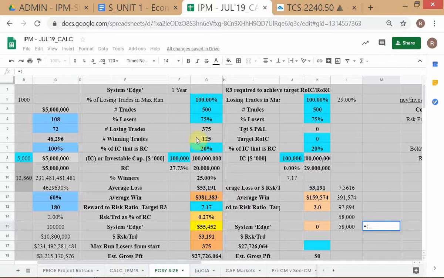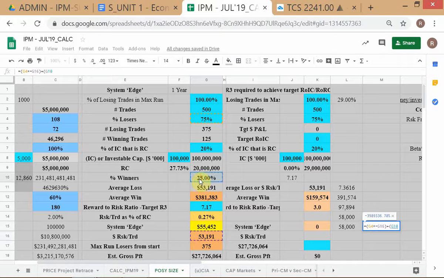It is going to be, let's put it in brackets, percentage loss into minus dollar risk per trade, close bracket, plus 25%.